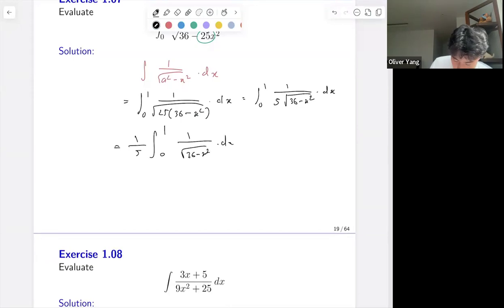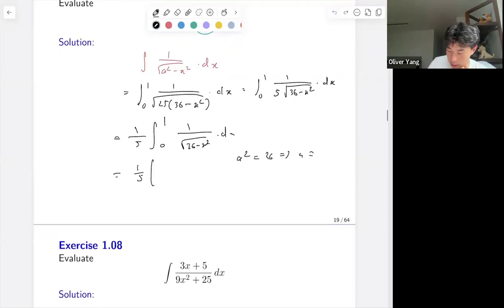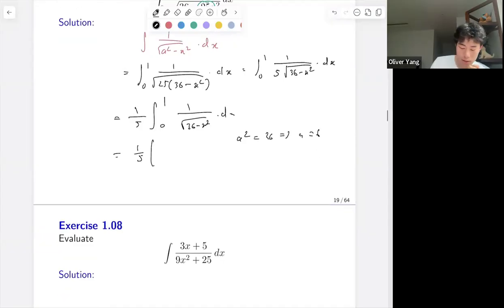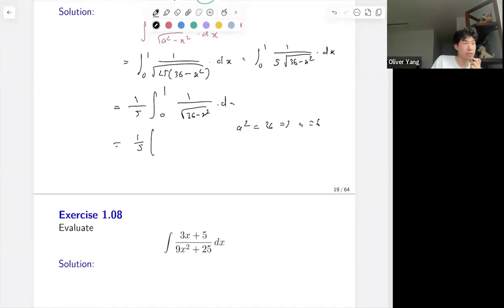So using the formula sheet, we should be able to get that it's inverse sine. Well, a squared is equal to 36, so therefore a is equal to 6, right? So using that, we should be getting sine inverse of x on 6.